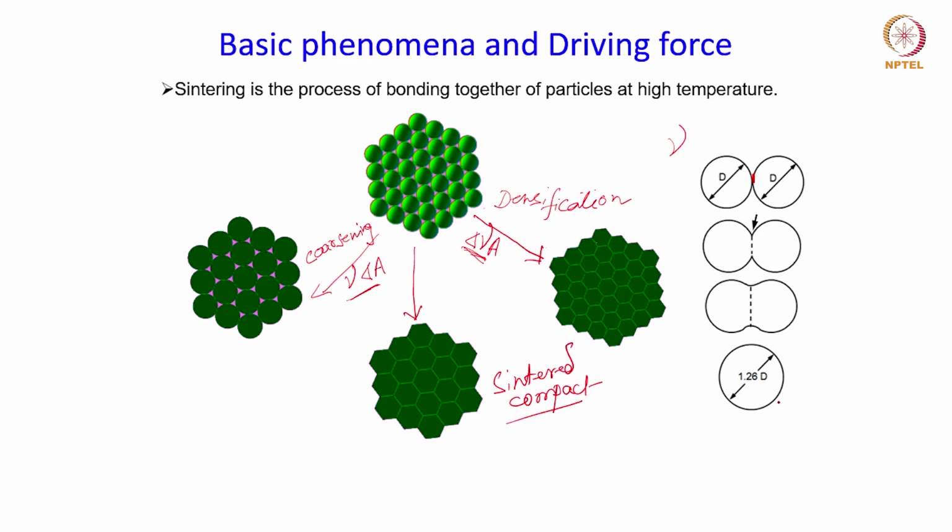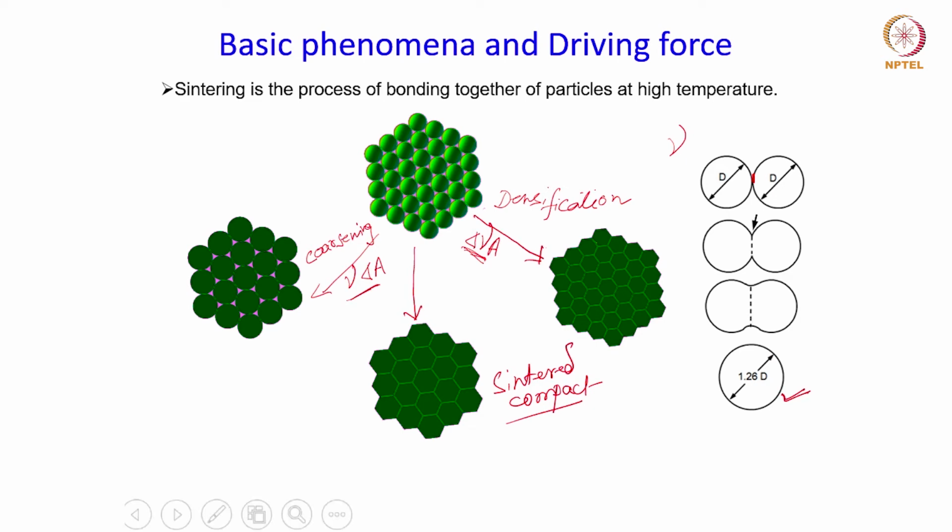Okay, and this final picture of a bigger particle depicts the coarsening process, wherein if sufficient time is allowed, these two particles of diameter d can coalesce into one particle with a bigger diameter, right? So that's the coarsening process, right?